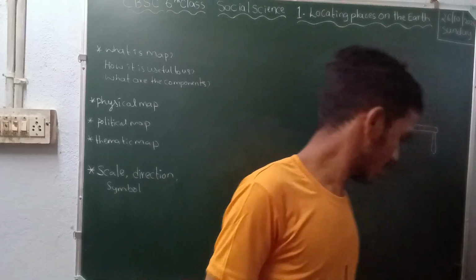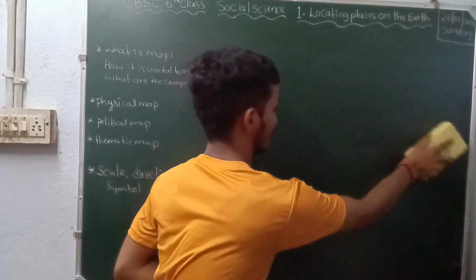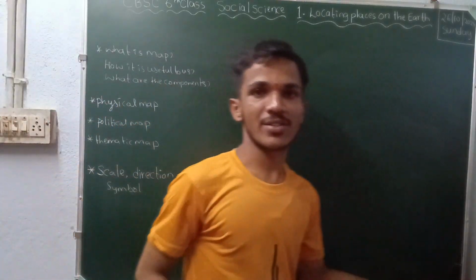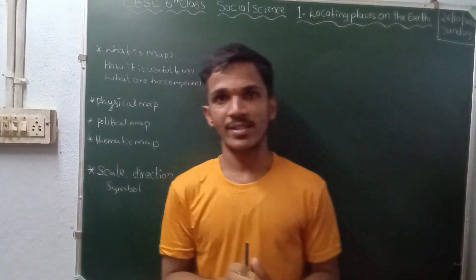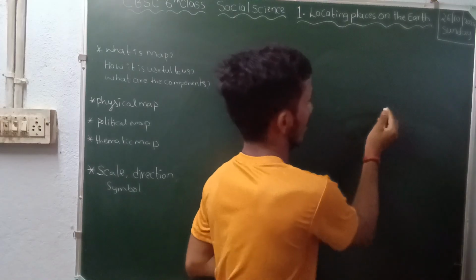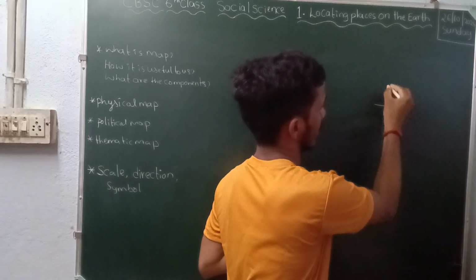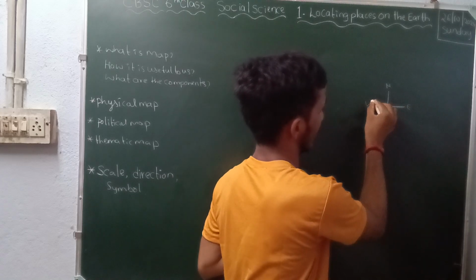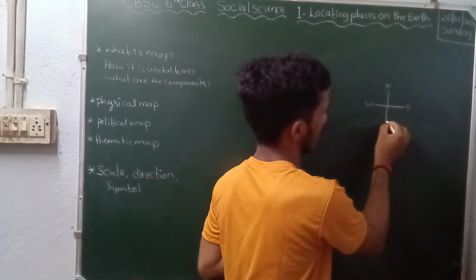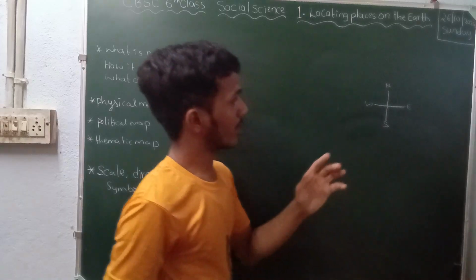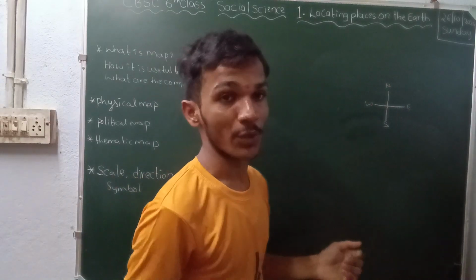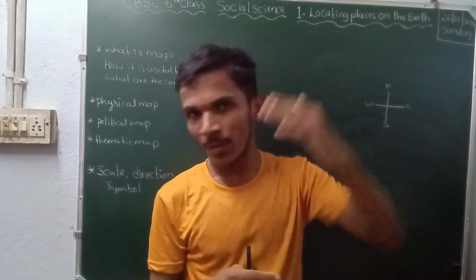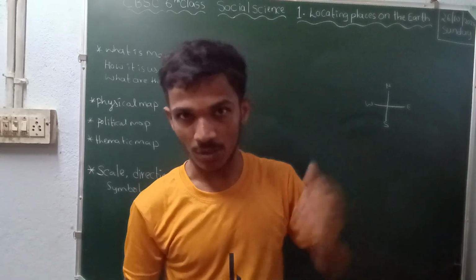Next, what is direction? Why do we use direction? The directions are north, east, west, south. On the top of the map, we see north.